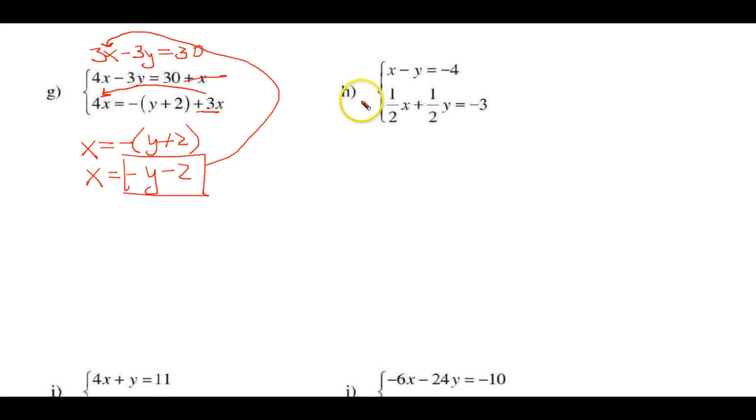But let's look at letter H. What needs to be done here? Well, I would multiply everything by 2. So this would become x plus y equals a negative 6. You wouldn't try to do anything with fractions. And now you would say x equals a negative y, a negative 6.